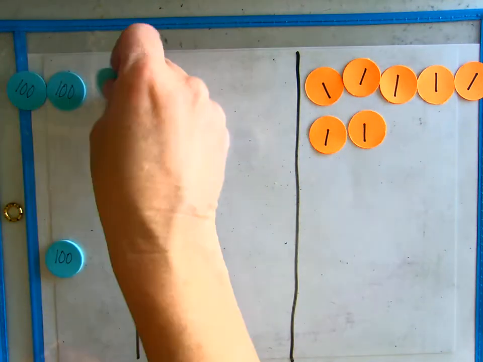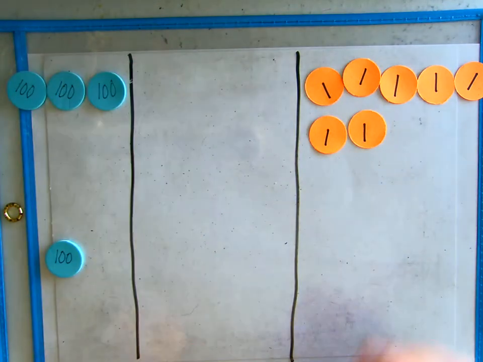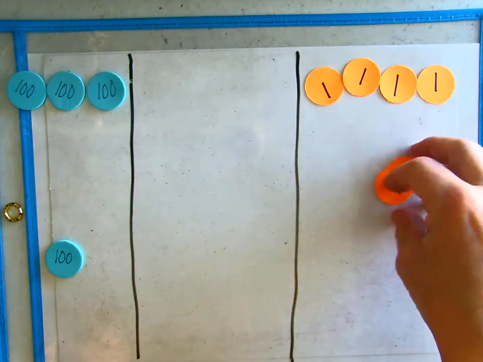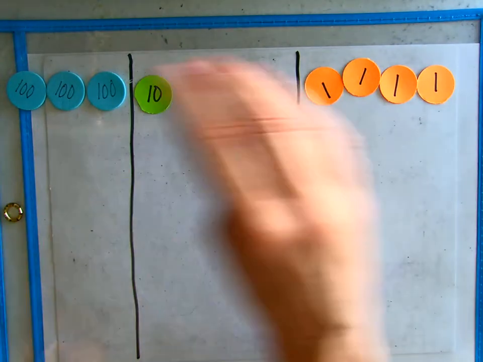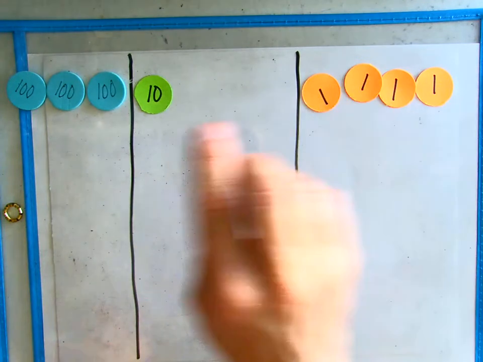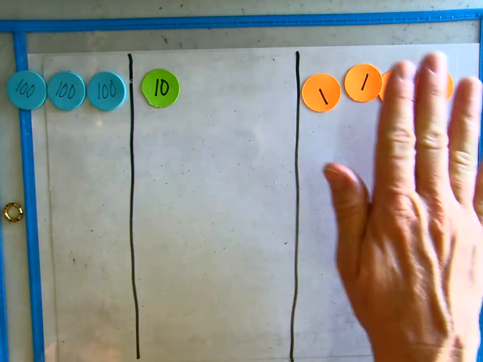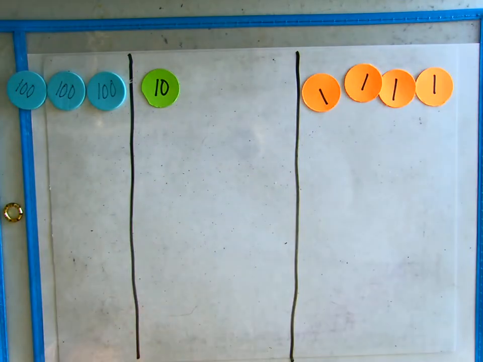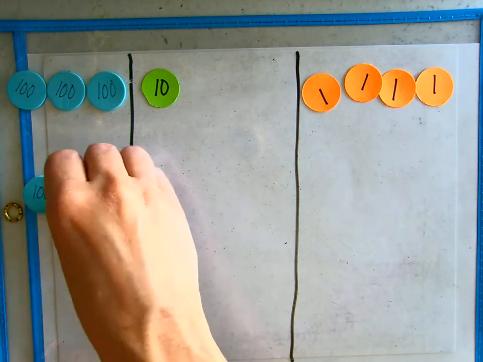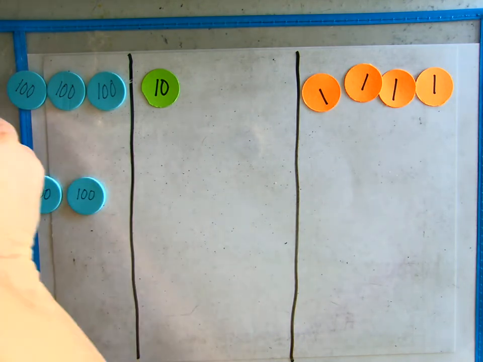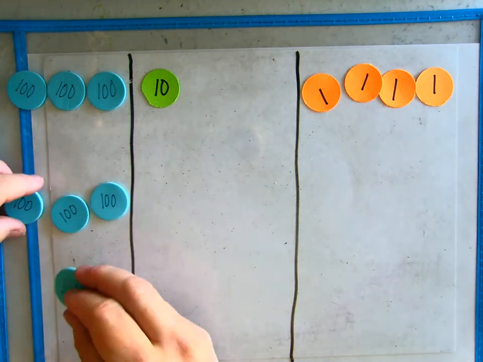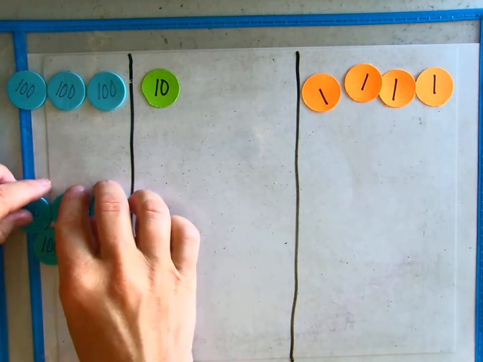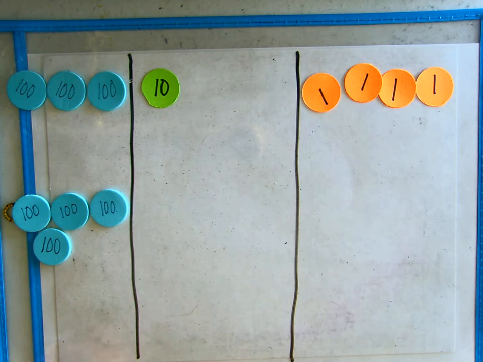So 314, we're going to need 1 hundred, 1 ten, and 4 ones. 314. Our second number is 495. So 400, 1, 2, 3, and 4. 95.